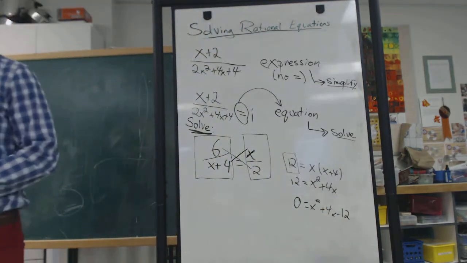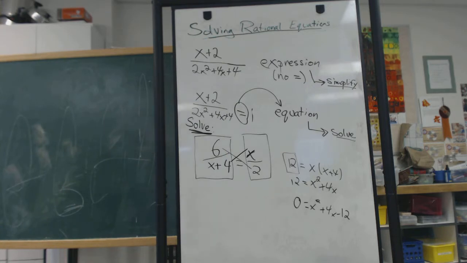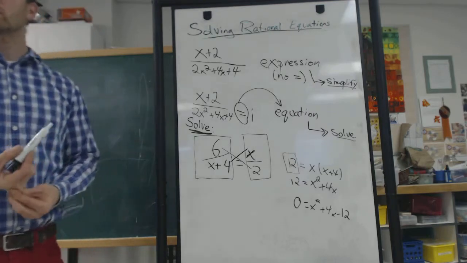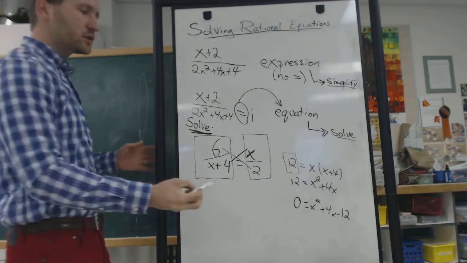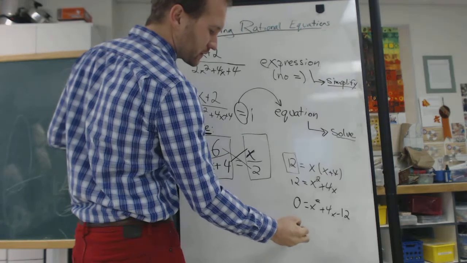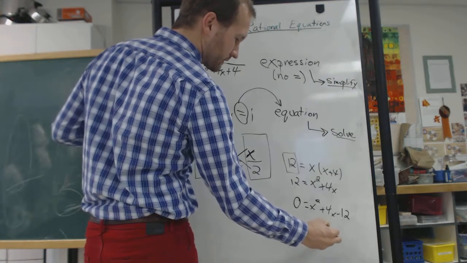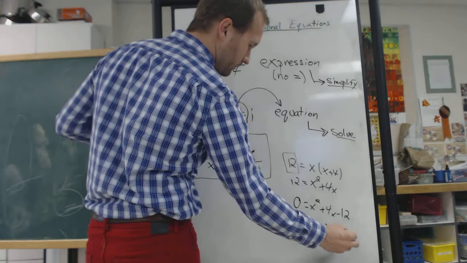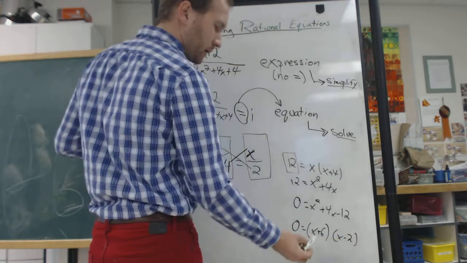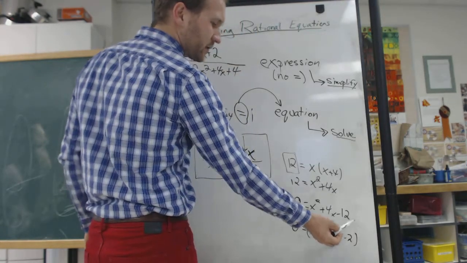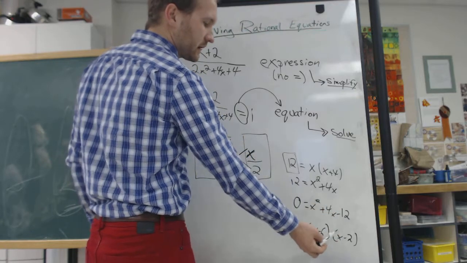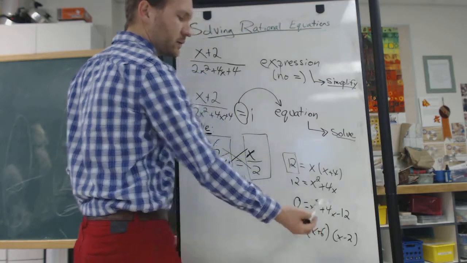Now I'm going to try to think of factors of 12 with a difference of 4. What could those be? 6 and 2. Which one's going to be positive? Which one's going to be negative? x plus 6, x minus 2. 6 times negative 2 equals negative 12. 6x minus 2x equals 4x.